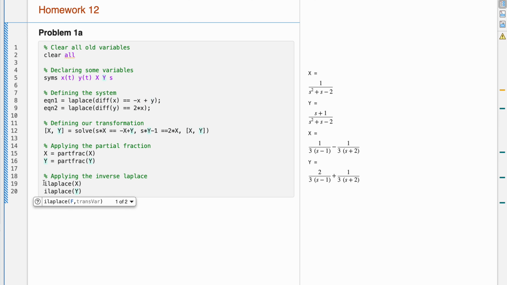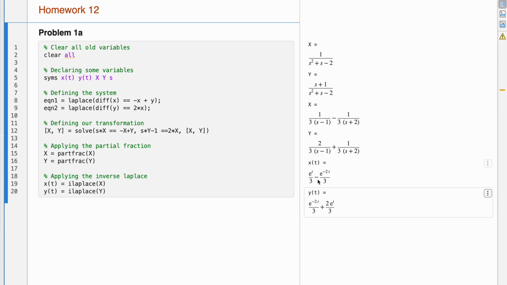So what we get is going to be a small x of t and a y of t. Press Control Enter, and let's see what we get out of this. Well, here we get e to the t over 3 for x, which is what we got, minus 1/3 e to the negative 2t. Okay, that checks out. And this one is e to the negative 2t over 3 plus 2/3 e to the t.